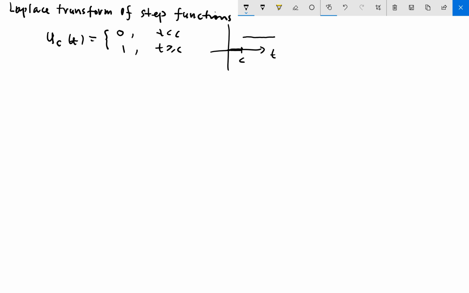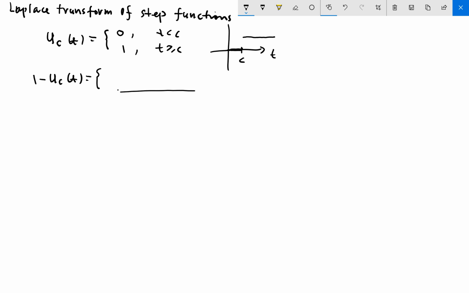We need to learn something else. How about 1 minus u_c(t)? The graph of that is like this.